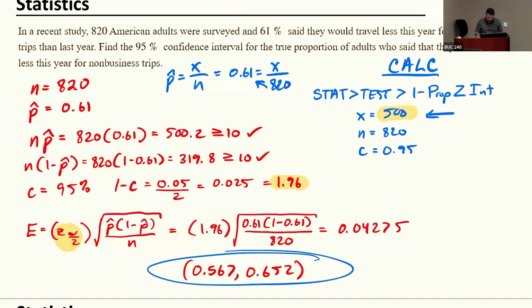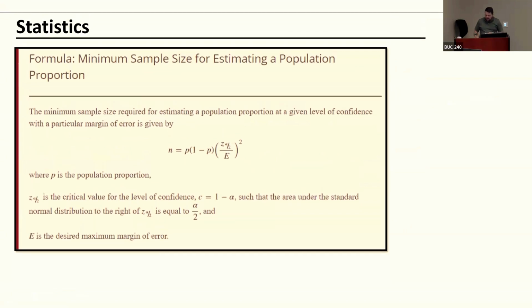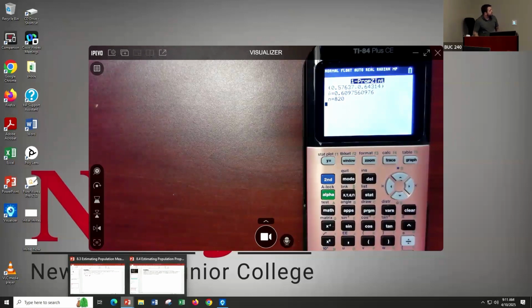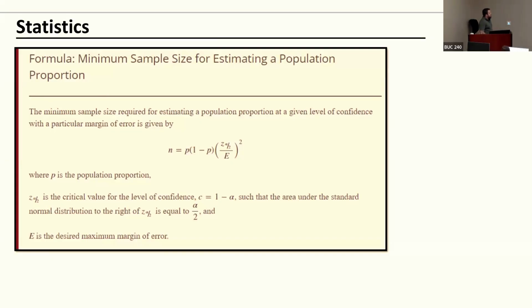Let's do another one. What about sample size? Minimum sample size. I need to know that one. The hardest part about this one, where I always mess up, is that your calculator doesn't do this for you, and I always forget to square it.